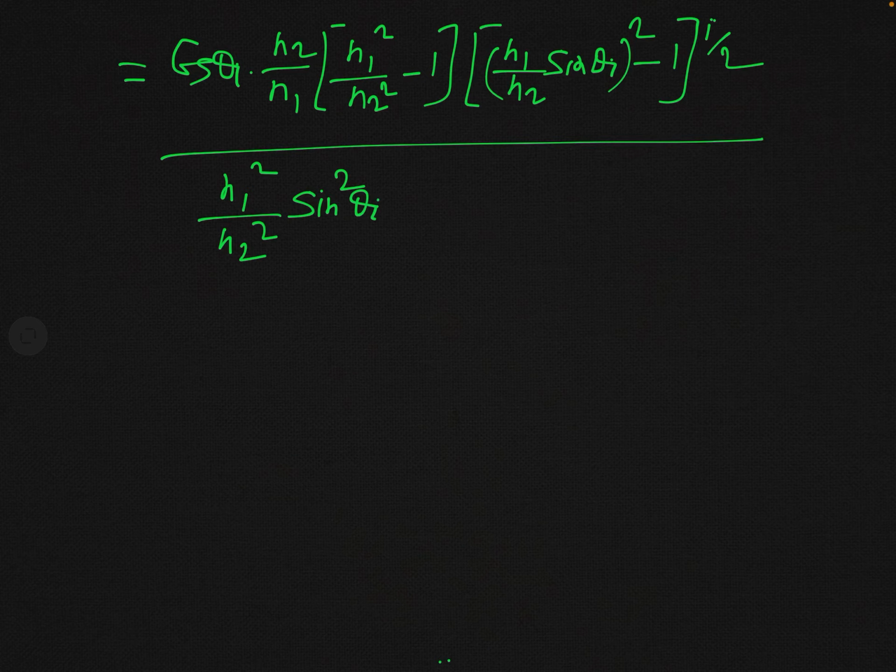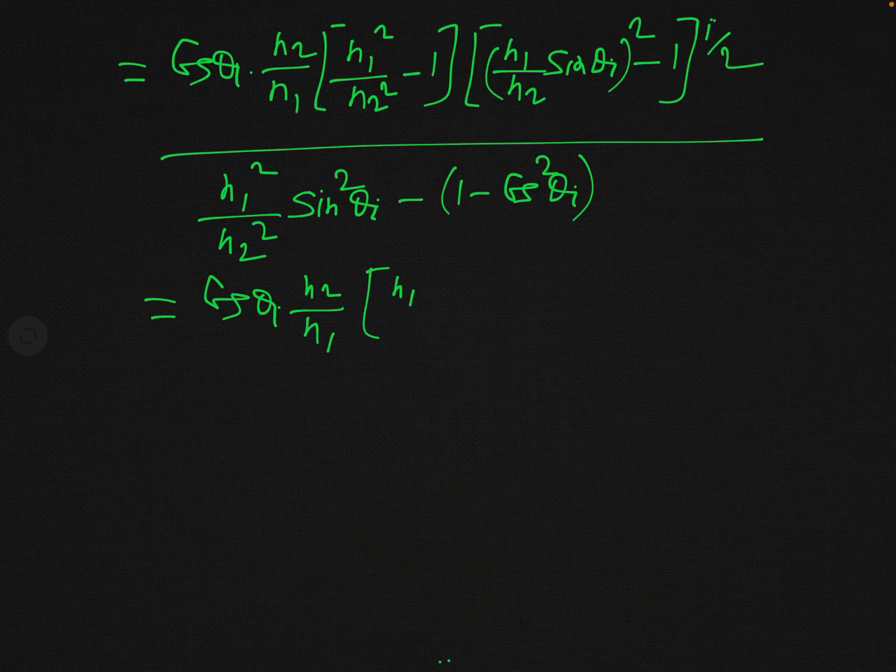in the denominator you can write the expression in this manner. This is n1 square by n2 square sin square theta I and minus 1 minus cos square theta I. You can write it.